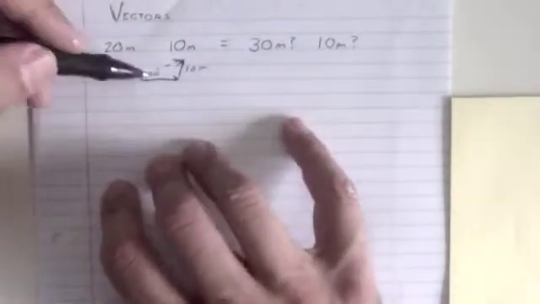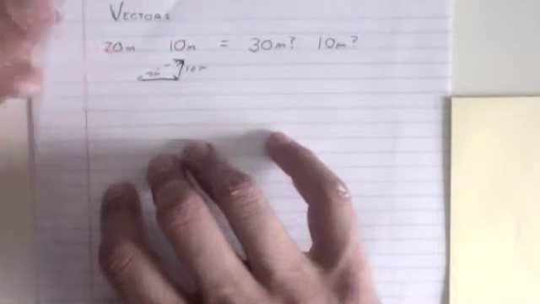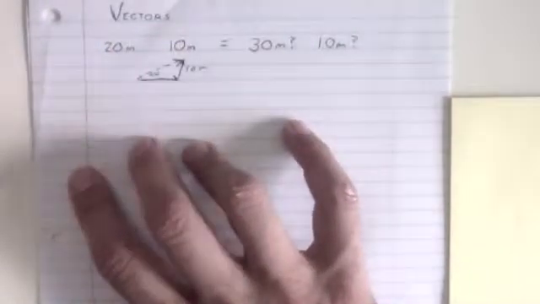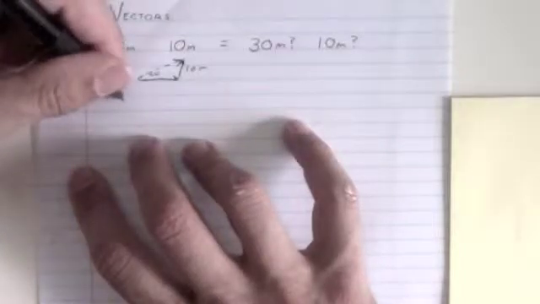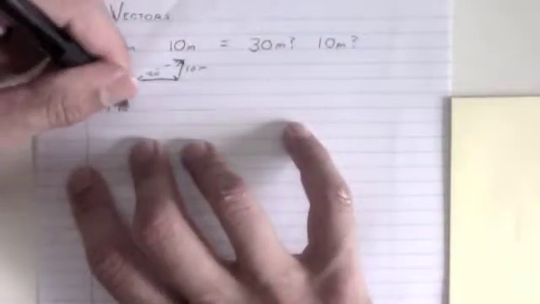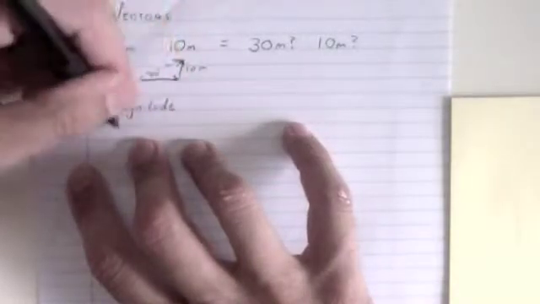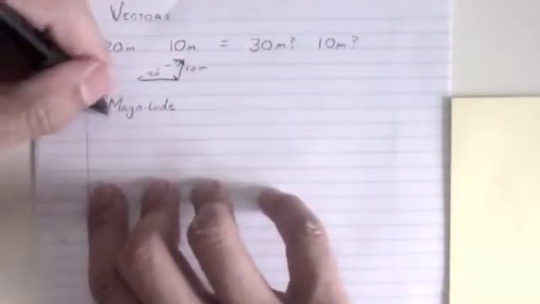So what we need to do, and I've already started doing it, is we need to use things called vectors. And vectors are quantities with magnitude and direction.